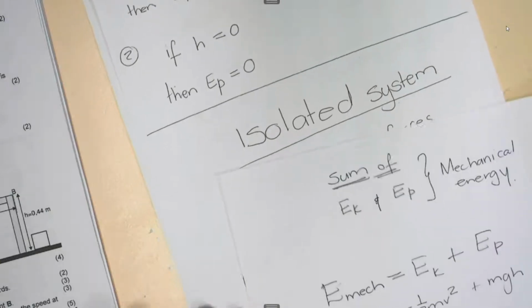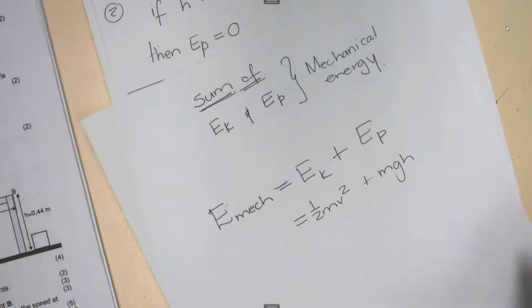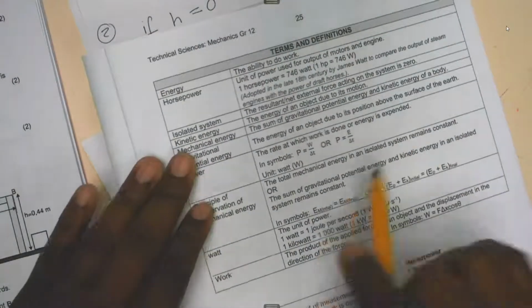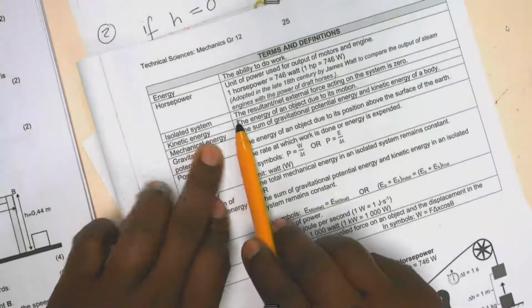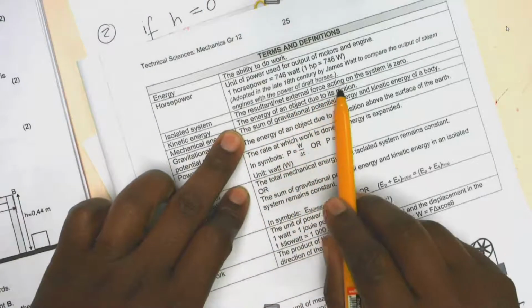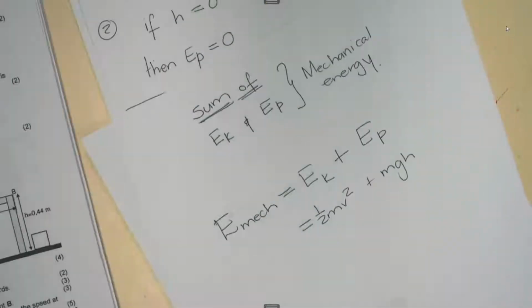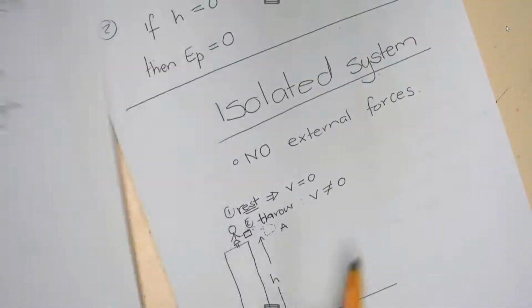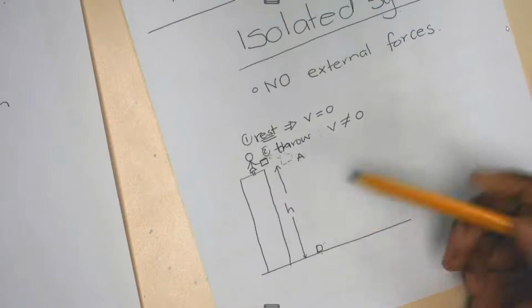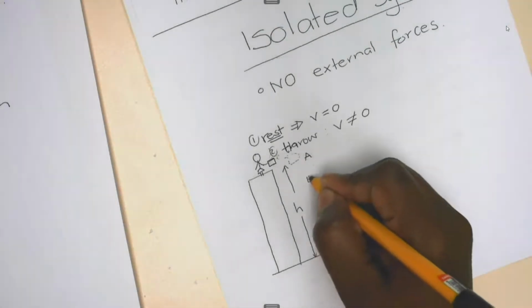Then, as the object is moving at any point, remember I said we are talking about an isolated system, meaning that there is no external forces acting on the system. And I think we might as well go to the definition of an isolated system, is that the net external forces acting on the system is 0. So as the object is moving between these two points, at any point, you will always have the sum.